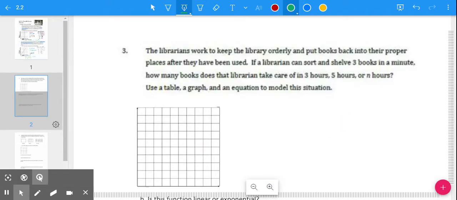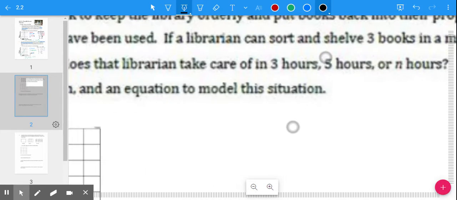Moving right along. Question number 3 says, the librarians work hard to keep the library orderly and put books back into their proper places after they've been used. If a librarian can sort and shelve 3 books per minute, how many books does that librarian take care of in 3, and we're changing this one. So it says in 3 hours.